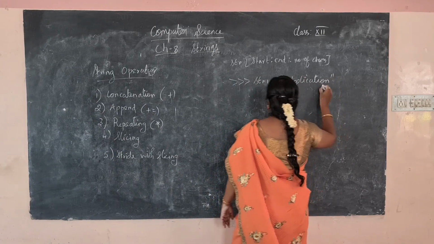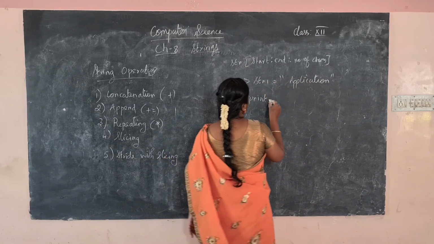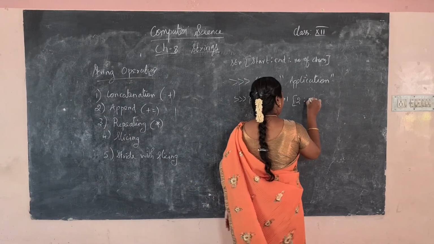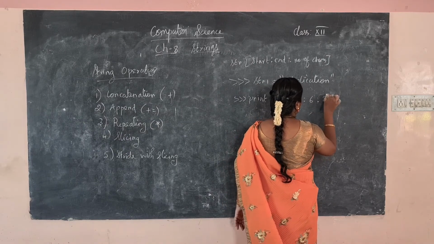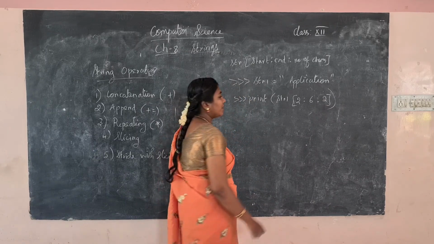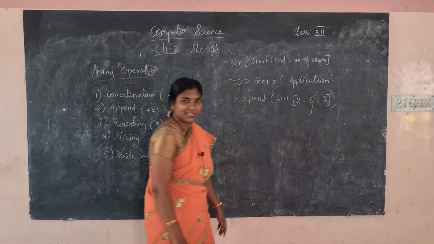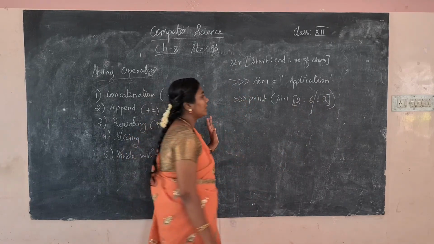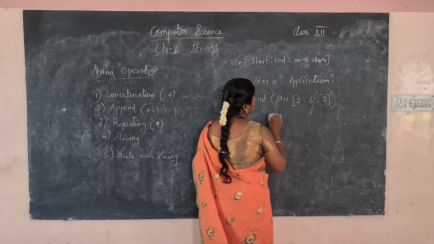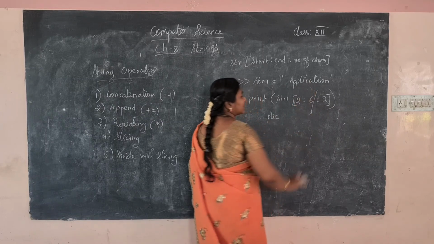Suppose I am having the same string, application, in string 1. Suppose I am printing print string 1 of 2 up to 6, and I am giving the stride value as 2. What will be my output? First, slicing from 2 to 6 gives the characters p l i c: 0 1 2 3 4 5, up to c only.